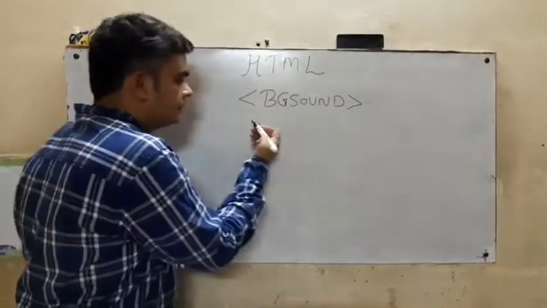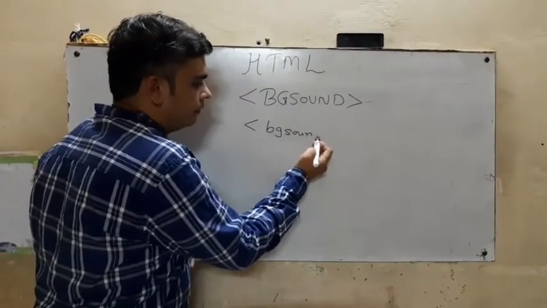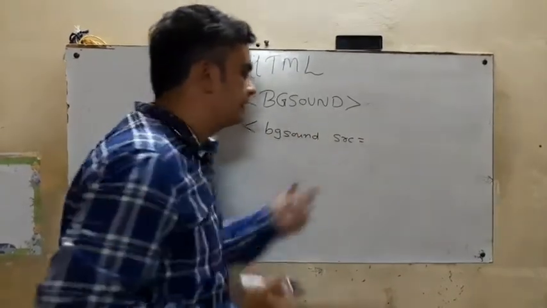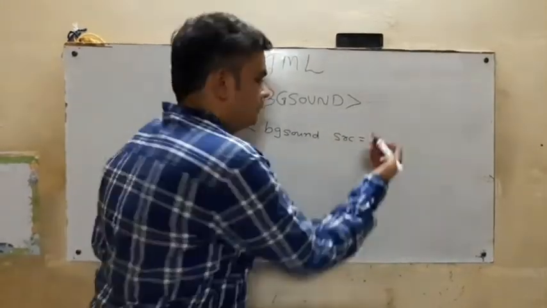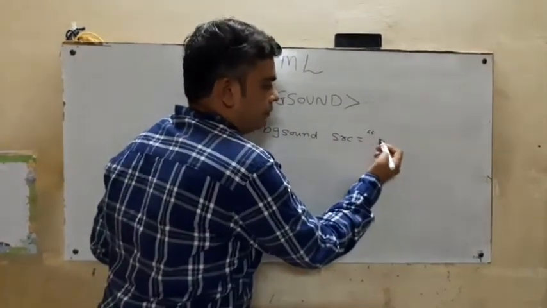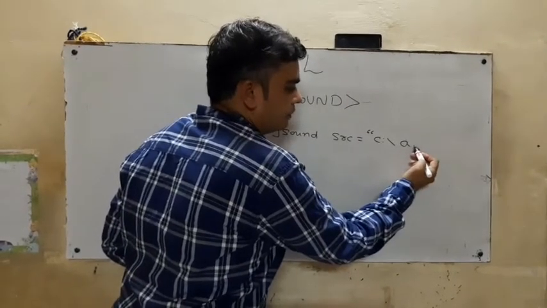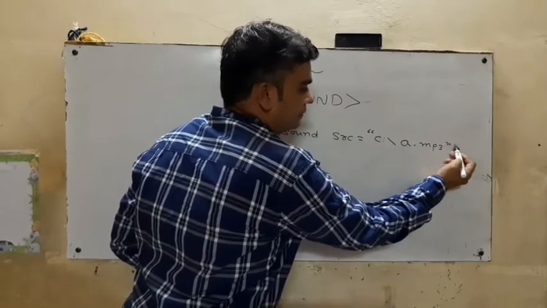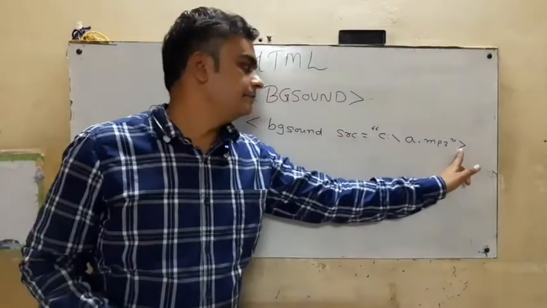For that purpose I just write BGSOUND, then I use its attribute SRC. SRC represents the source of that file, so you have to mention the path of that file. Suppose the name of the file is a and its extension is mp3, and I close this tag like this.